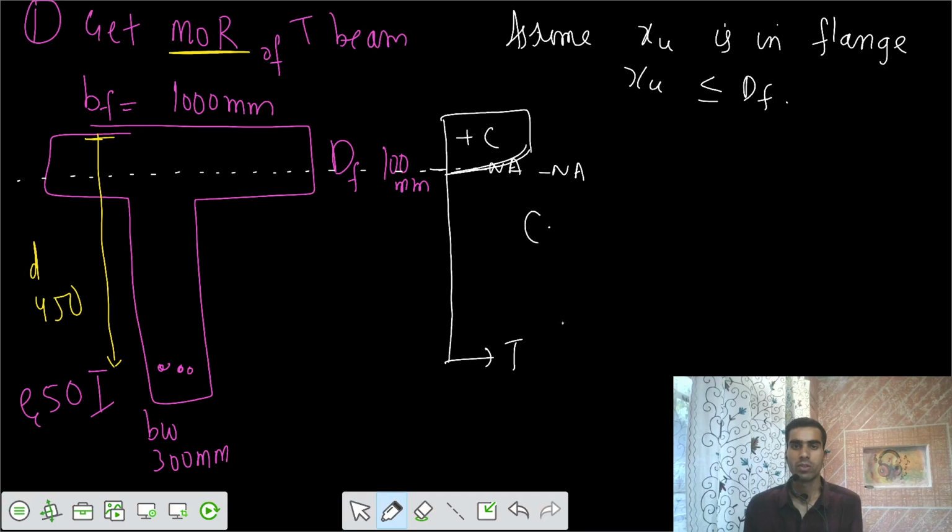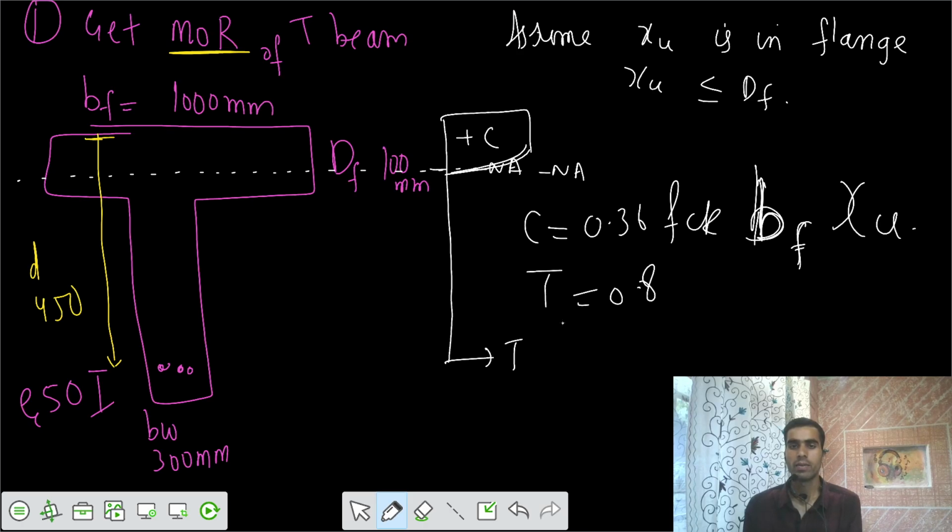The equation is C force equals 0.36 fck, and the actual width contributing to the C force is capital BF, the total BF of 1000, times the actual xu, and the T force is 0.87 fy Ast.